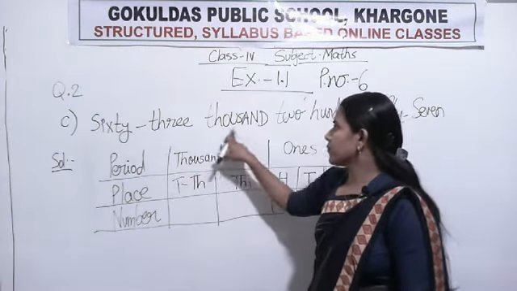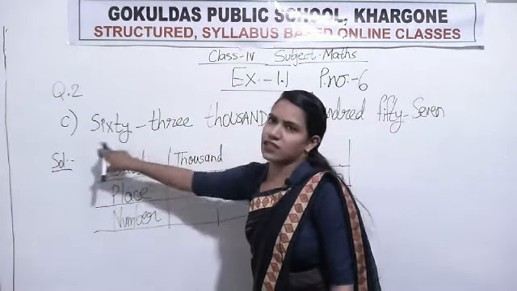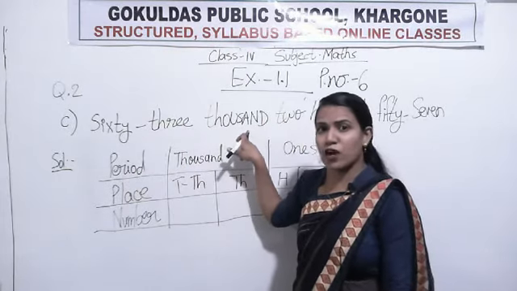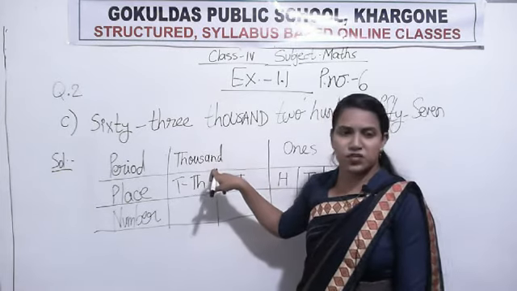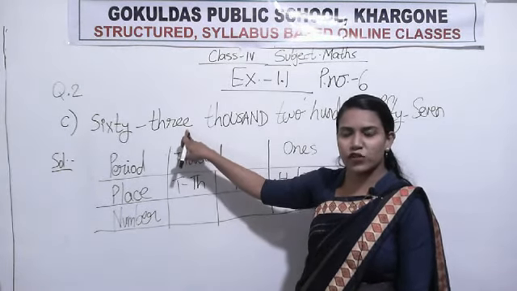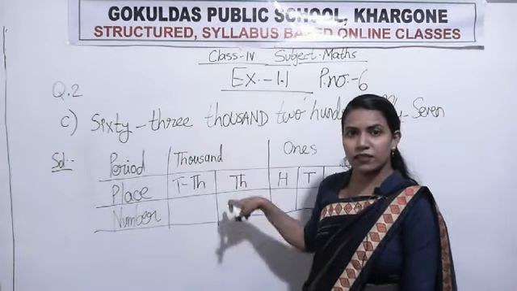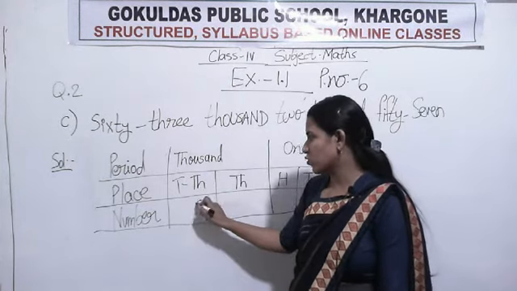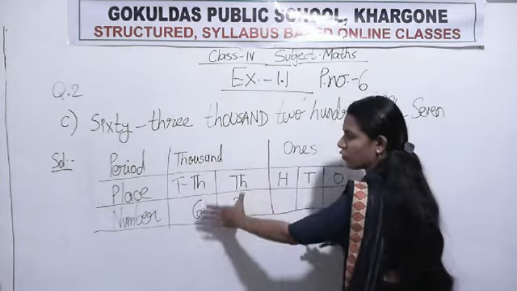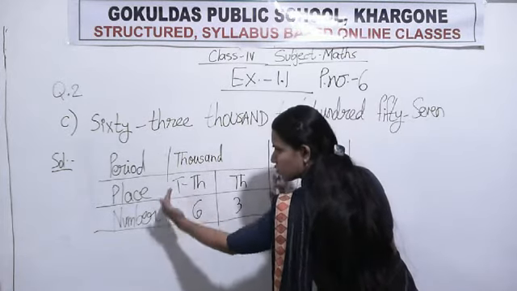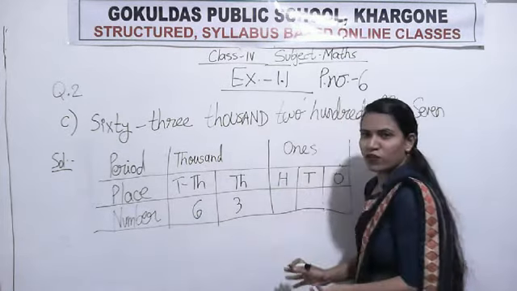So here you see 63. 63 is written before 1000. So 63 will come in thousands period. You write 63 in the thousands period. So you write 63 over here.